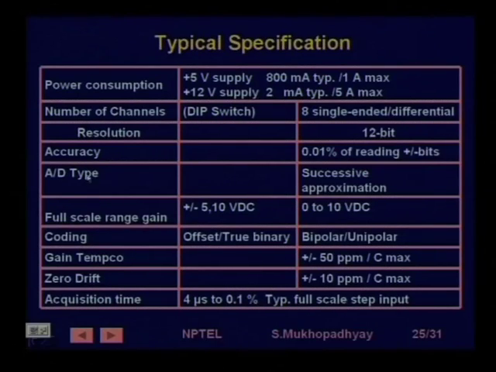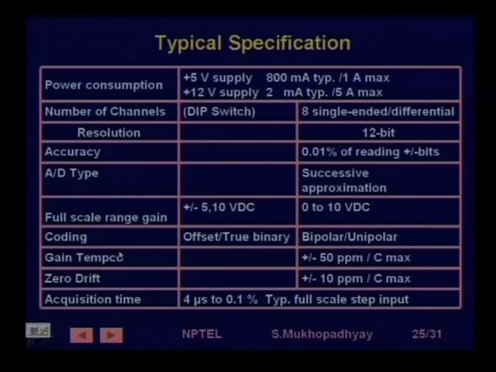Accuracy, the AD converter type, then this full scale, this is the dynamic range. So, it is saying that the dynamic range is 0 to 10 volt DC. Then the AD converter codes can be available in various formats, whether it is 2's complement, true binary, offset binary, various kinds of digital codes are there. These two specifications, gain and zero drift, are for the signal conditioning block which is there.